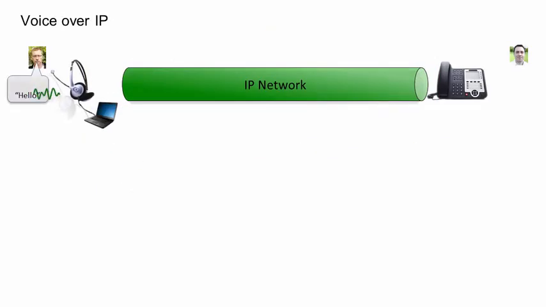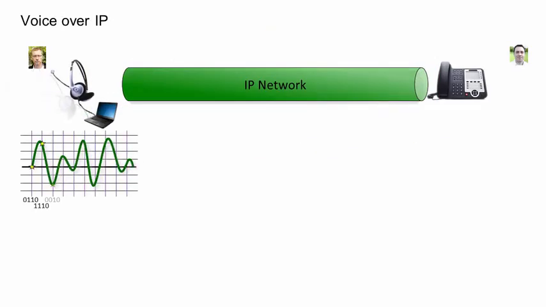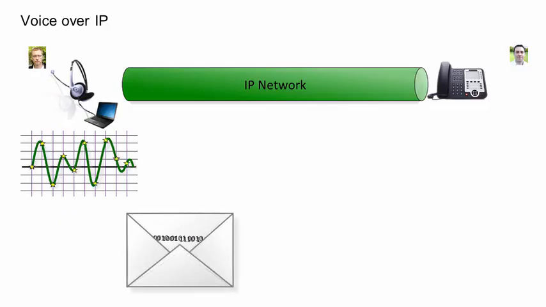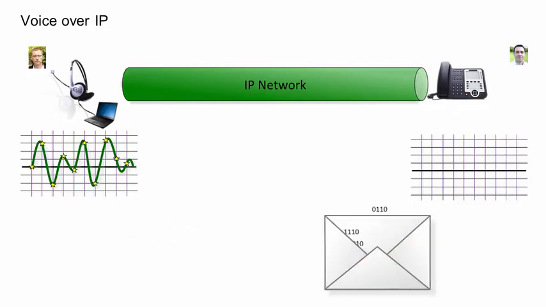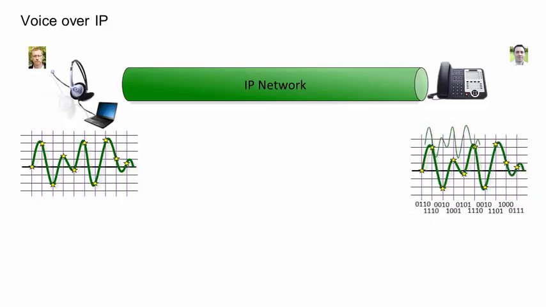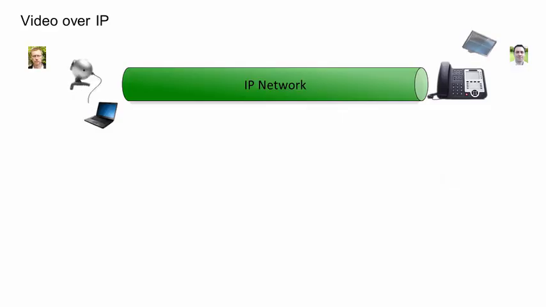With a voice session, the analog wave on one side is encoded into ones and zeros that are put into media packets and then sent out over the IP network. On the other side, the ones and zeros are unpacked and decoded, the wave reconstructed and played back to the user. Encoding and decoding also applies to video.